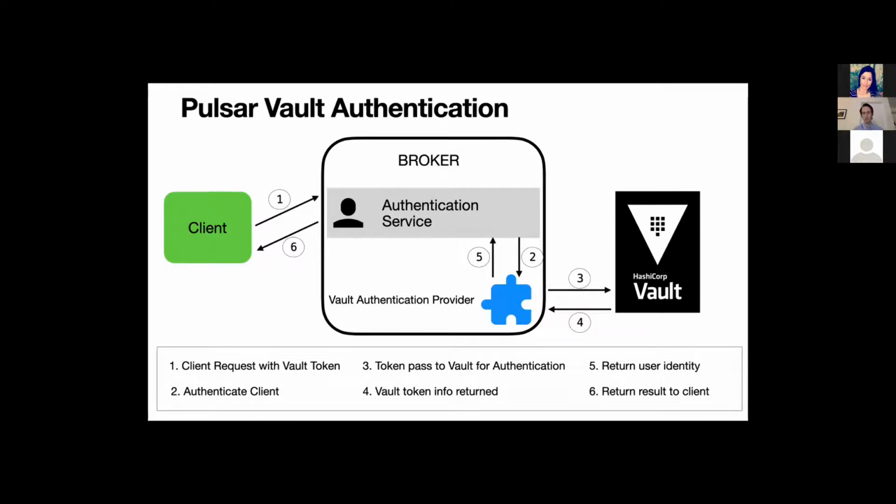The plugin would then go out to Vault and verify the token, as well as get information on the token to determine the role of the client. The plugin would then return that role to the authentication service. The authentication service, it's not in here, would then call into the authorization service and ask, does this client have permission to, for example, view stats? And after that's done, it will return the response to the client.